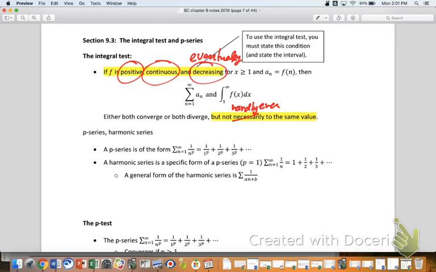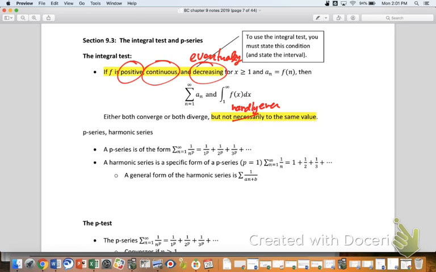Why is this so darn important? What I can do now is take those two statements and write them into one. So I can say that the integral from 1 to n plus 1 of f of x dx is less than or equal to the summation, and I know from the second statement that this is less than that.